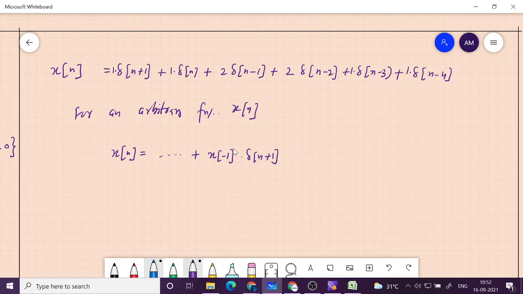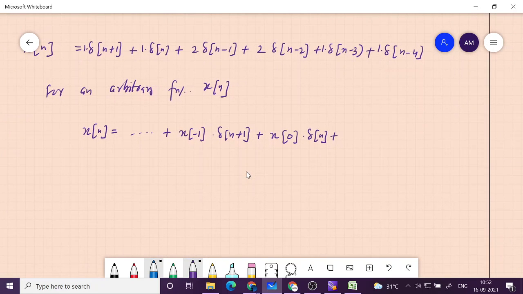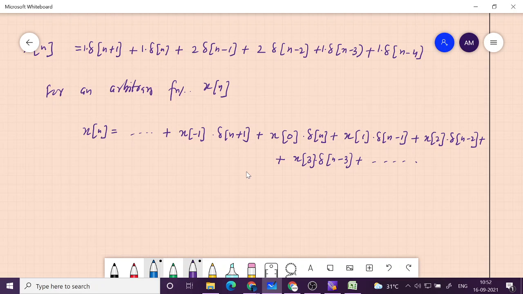So that one will be given by x of minus 1 plus x of 0 into delta of n plus x of 1 into delta of n minus 1 plus x of 2 into delta of n minus 2 plus, okay, one more, let me write, x of 3 into delta of n minus 3 plus etc. Do you agree to this?